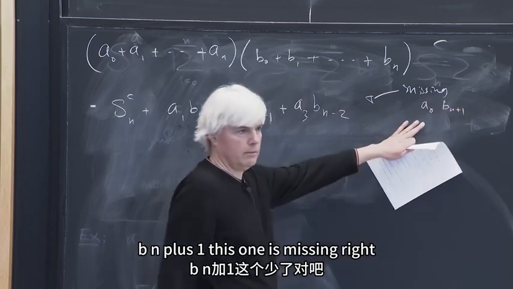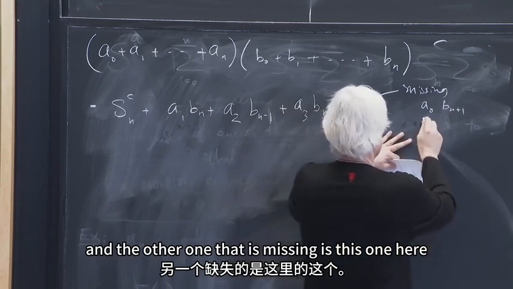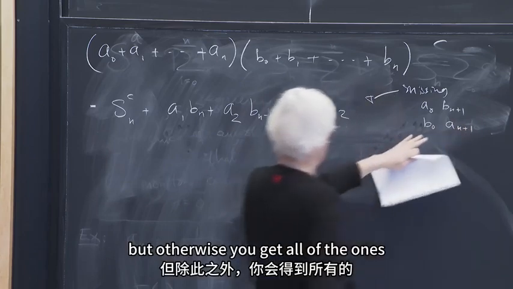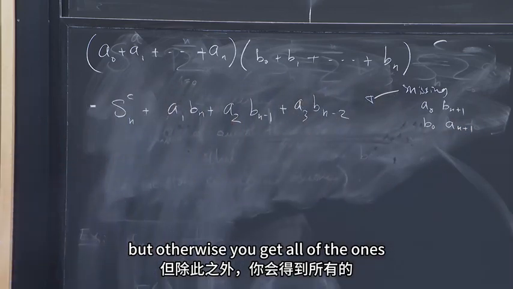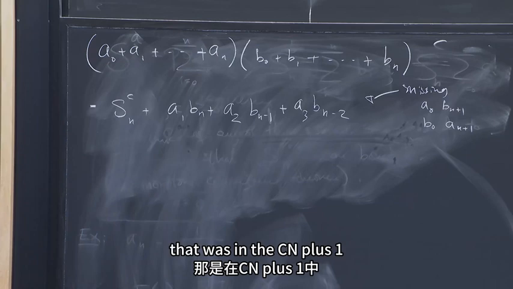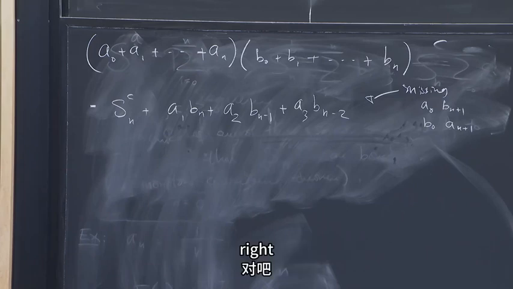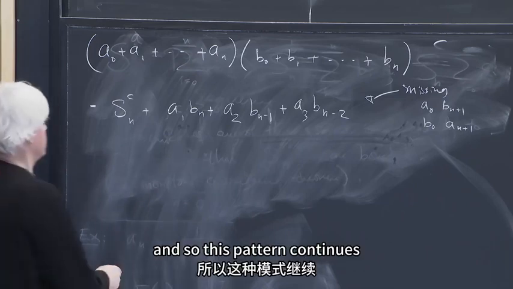This one is missing, and the other one that is missing is this one here. But otherwise, you get all of the ones that were in the Cn plus 1, and you don't get anything more.